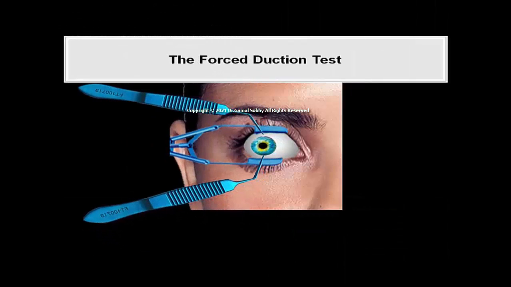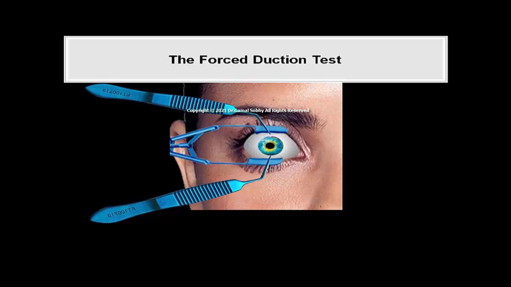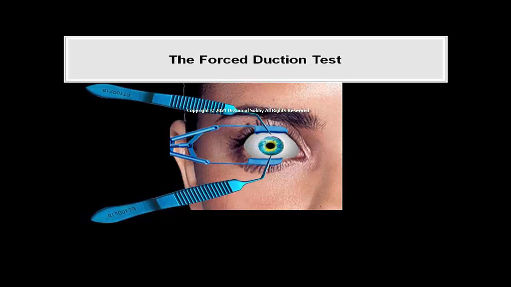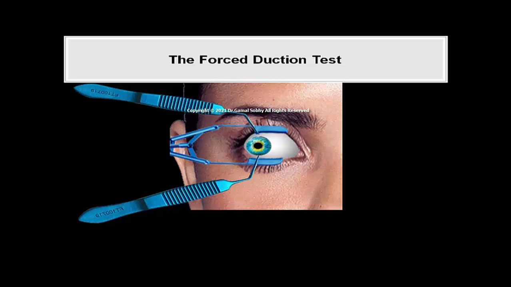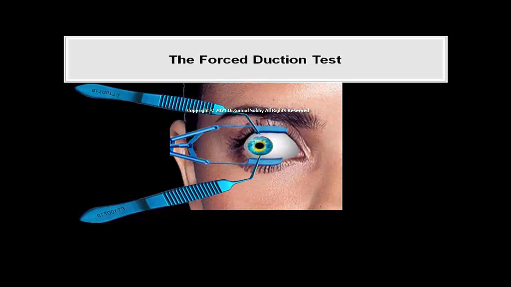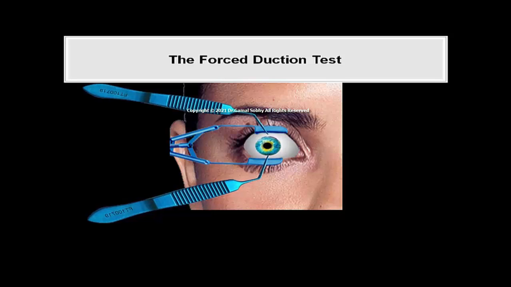The forced duction test is a simple method to differentiate between muscle paralysis and the presence of mechanical restriction of ocular motility. If no resistance is encountered, the motility defect is clearly caused by paralysis. If resistance is encountered, mechanical restrictions do exist.